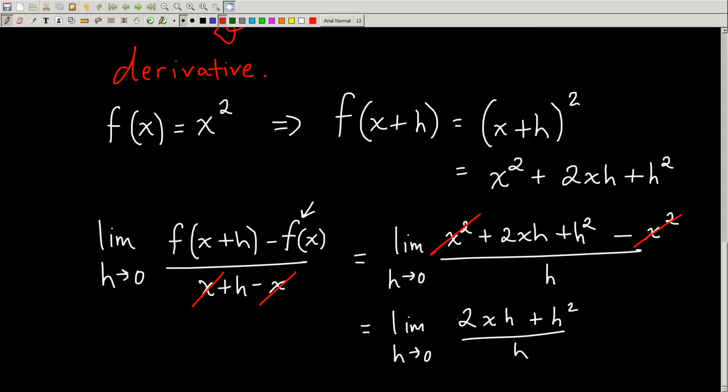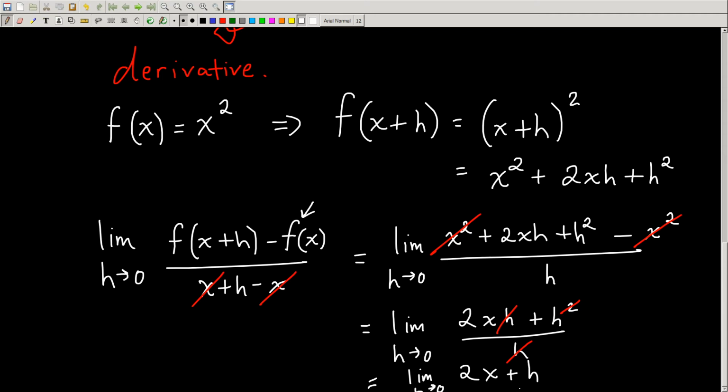In each term on the top, since I've got two terms, it's a binomial, I can cancel a factor of h because there's a factor of h in the bottom. So I'm left with the limit as h approaches 0 of 2x plus h.